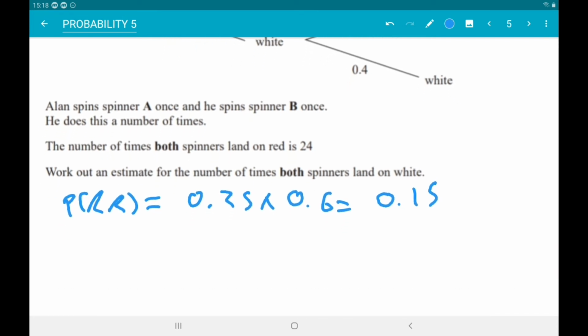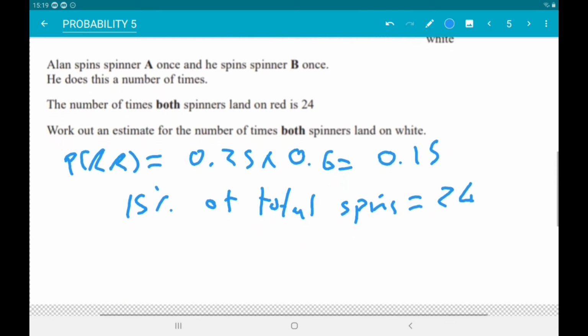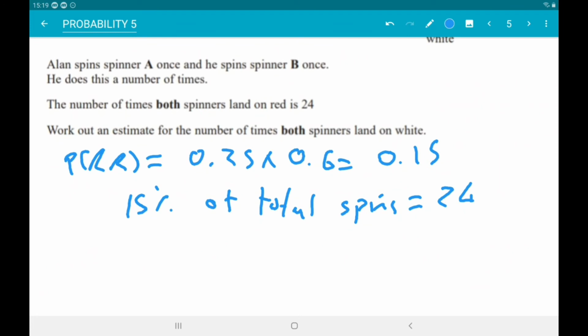So we could say 15% of the total spins is 24, because we landed on red 24 times. So from that we can work out what 5% of the total spins would be.